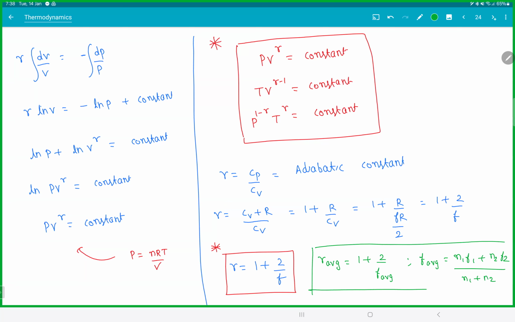If you have a mixture of gases, this is how you can find gamma average. Quite important stuff. So suppose you have 1 mole of helium and 1 mole of oxygen, then this is how you find F average, and then you get gamma average. Clear, everyone?